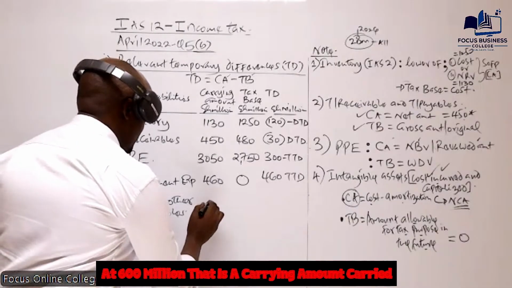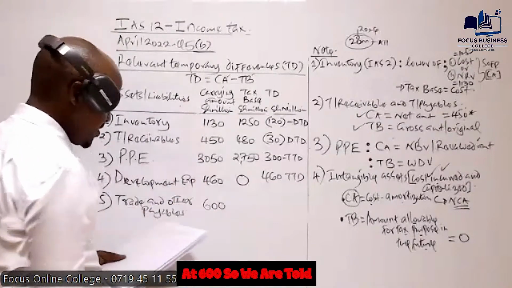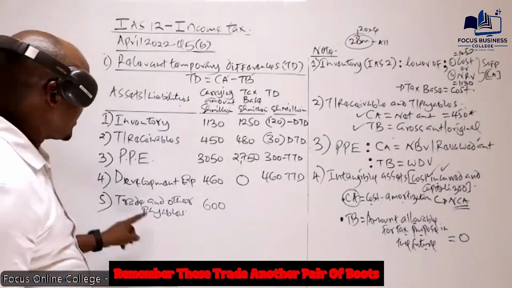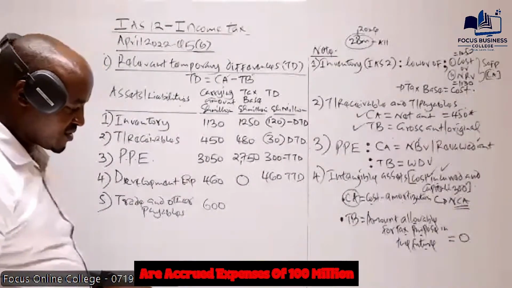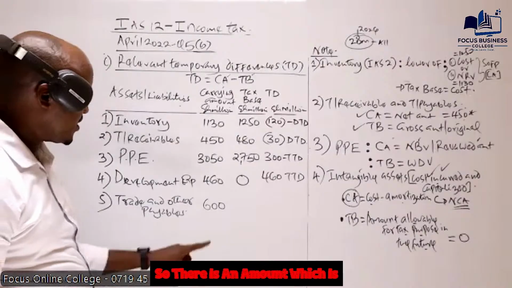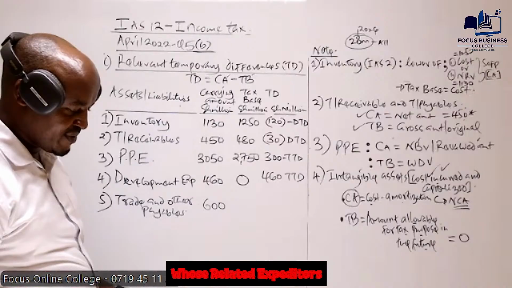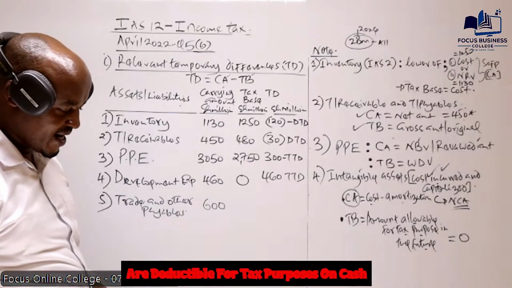That is the carrying amount. They are recorded in the statement of financial position at 600. So we are told that included in the other payables, remember these trade and other payables, are accrued expenses of 100 million. So there is an amount included here, which are accrued expenses, whose related expenditures are deductible for tax purpose on cash paid basis.